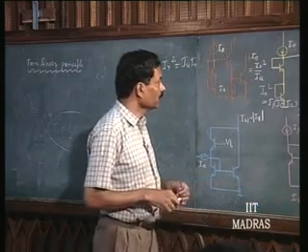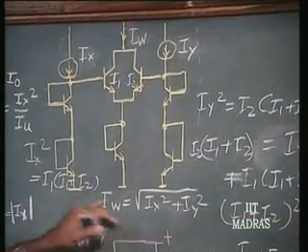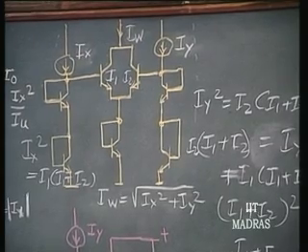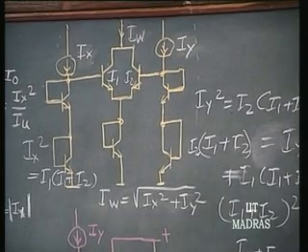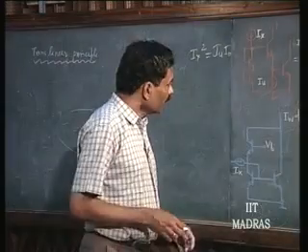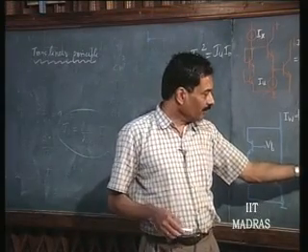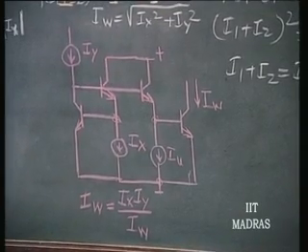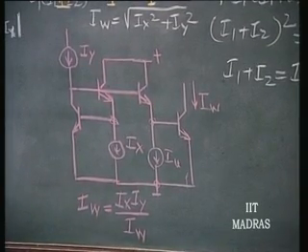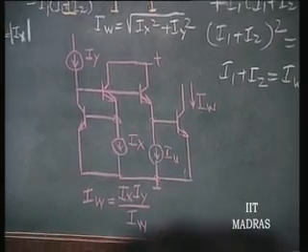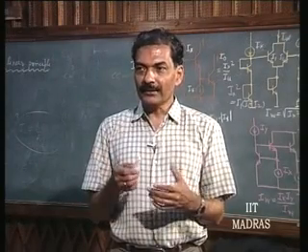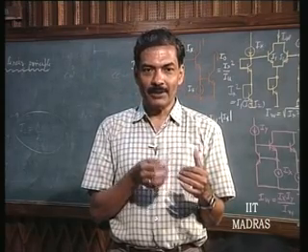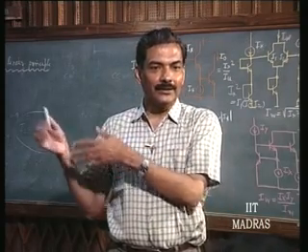Next, this one. This is basically a simple circuit which we can also formulate very simply. If I connect two diodes in clockwise direction and two diodes in anti-clockwise direction, then the product of currents I1 and I2 in two diodes will be equal to I3 into I4.